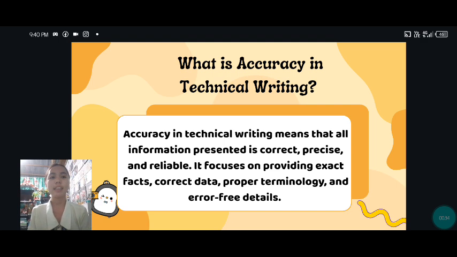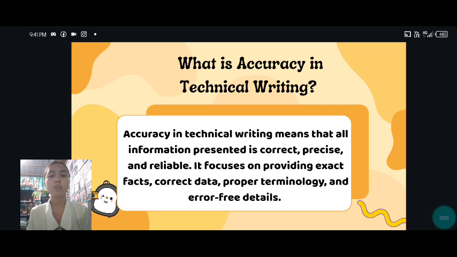So, accuracy in technical writing means that all information presented is correct, precise, and reliable. It focuses on providing exact facts, correct data, proper terminology, and error-free details. So, accuracy ensures that technical documents communicate information without mistakes or misleading details.